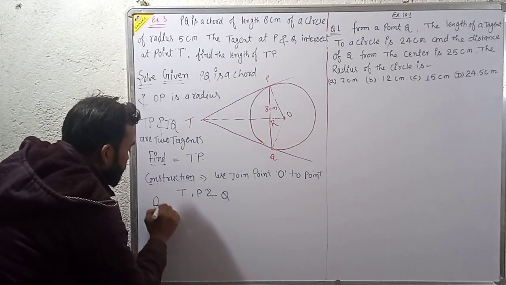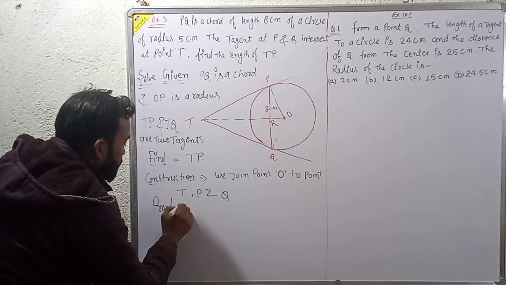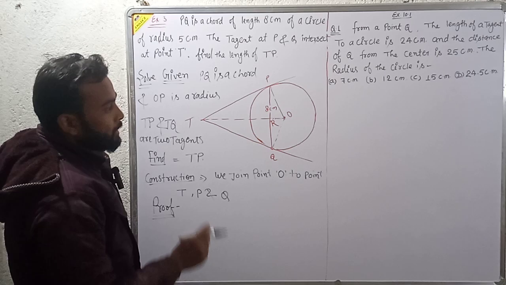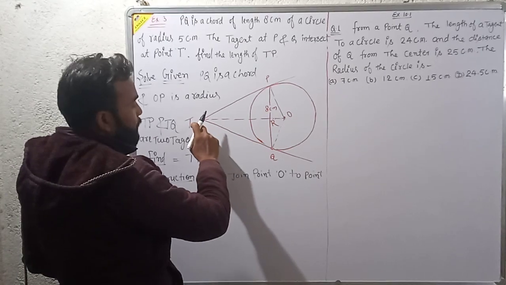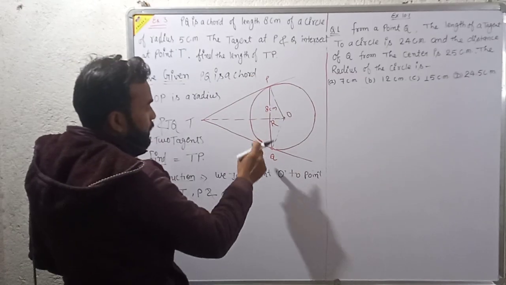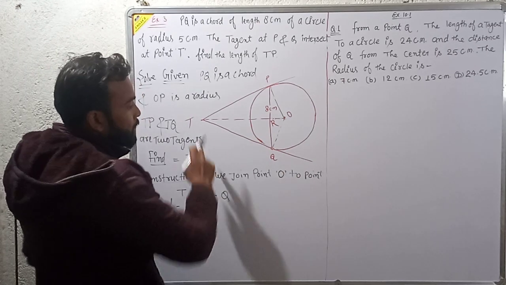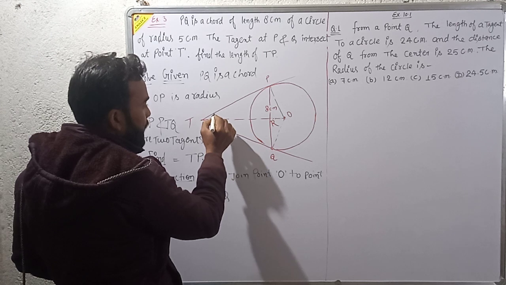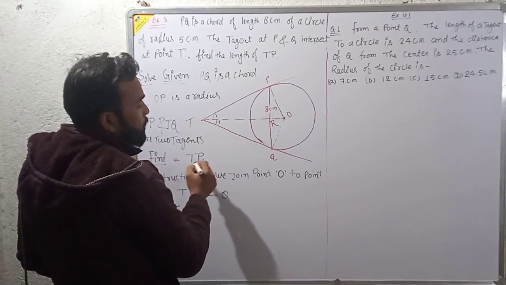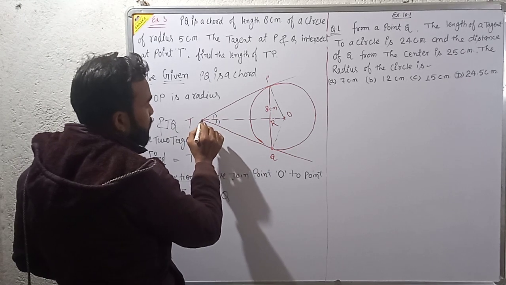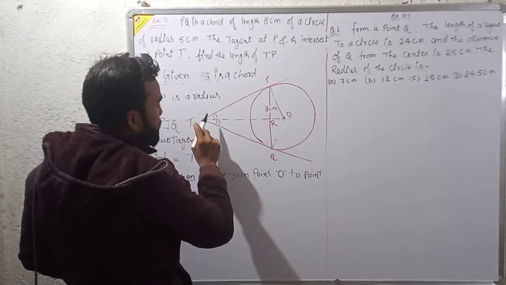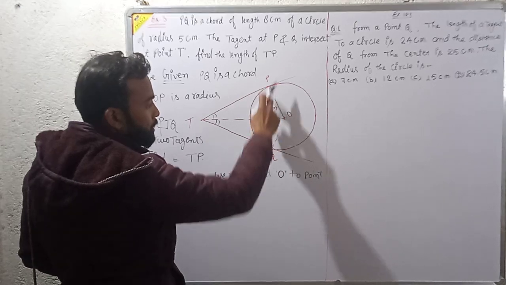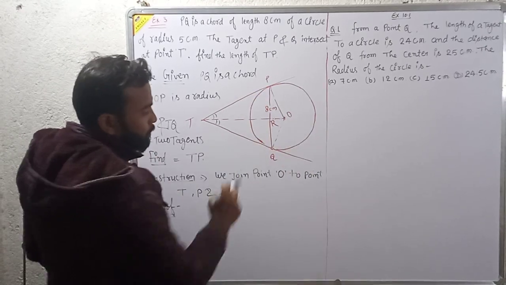Proof. Now, in this triangle TPQ, if we prove this angle is equal to this, so we have to say that TR is the perpendicular angle bisector of PQ.